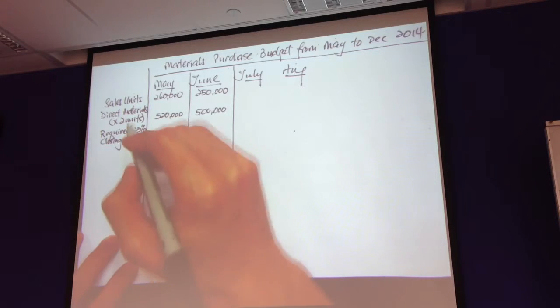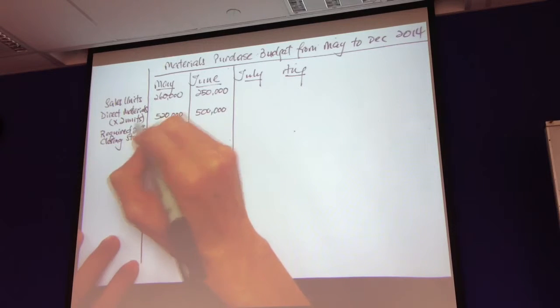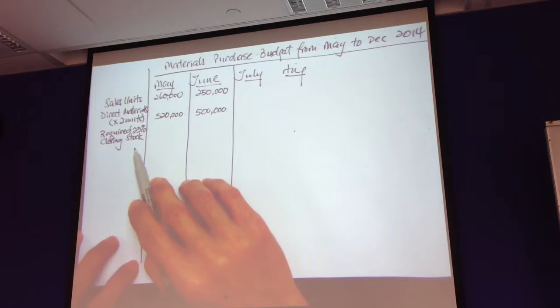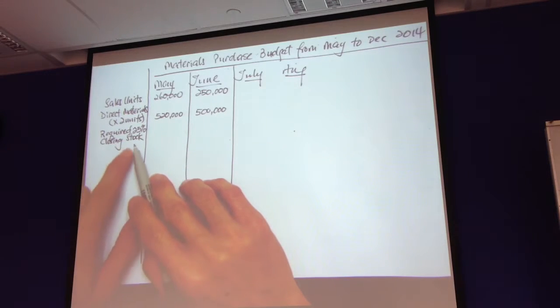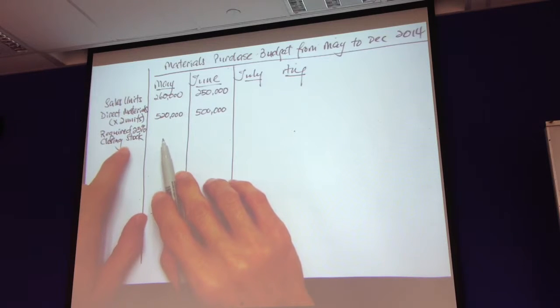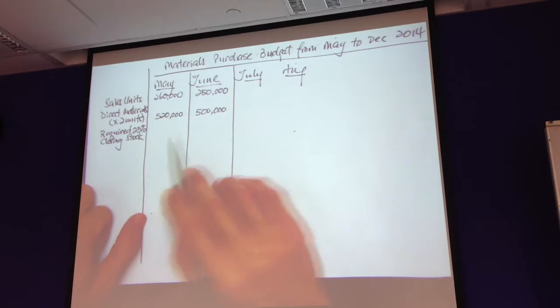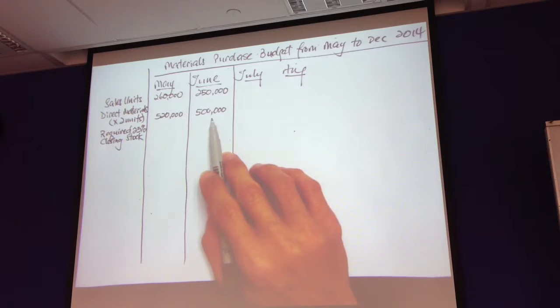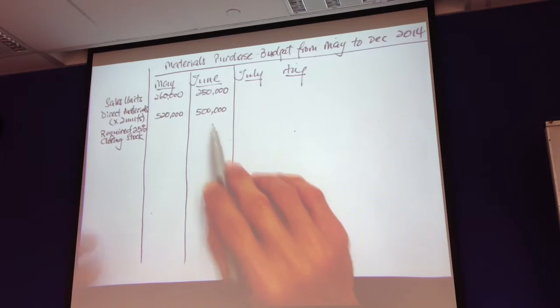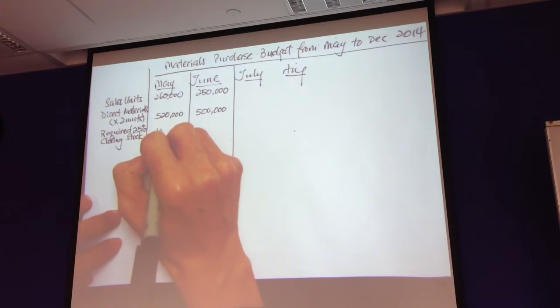Where is this 25% from? They tell you that this month you want to keep at least 25% of next month's requirement. Why? In case next month you don't have enough raw materials, at least you have 25%. How much is 25% of this? 125.